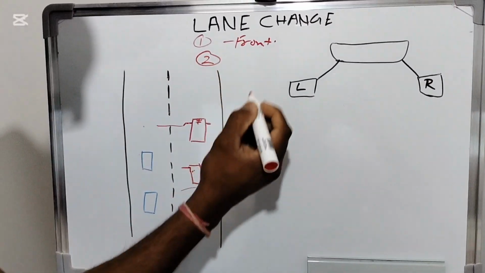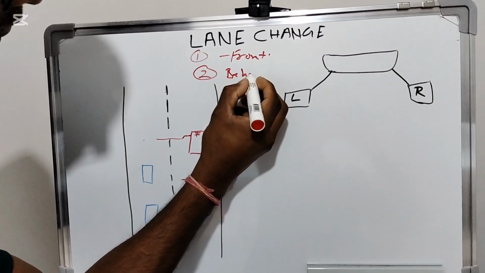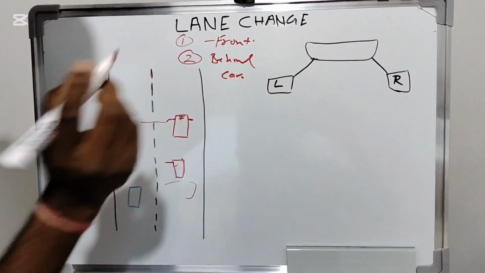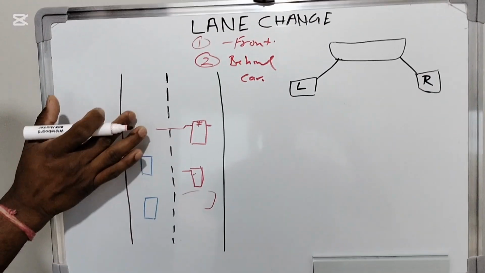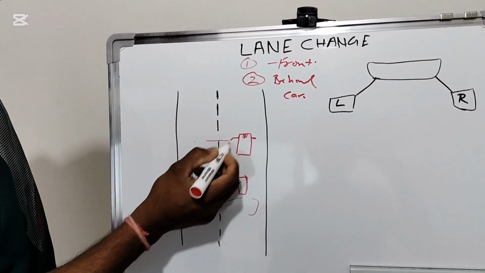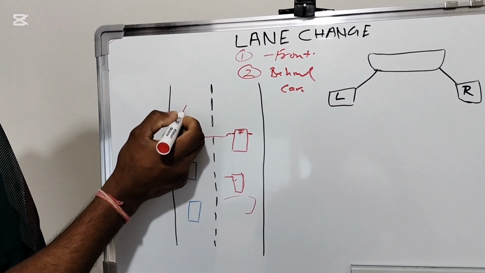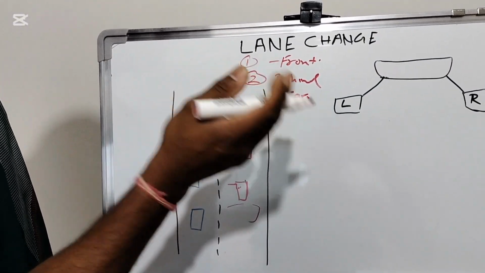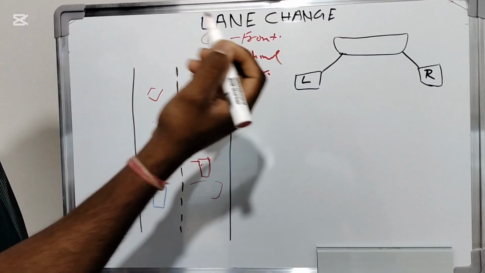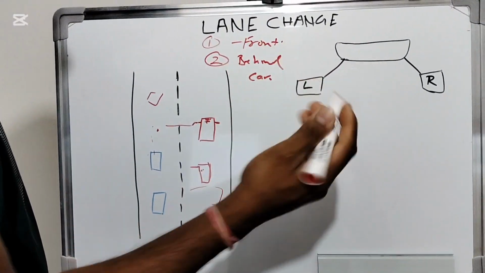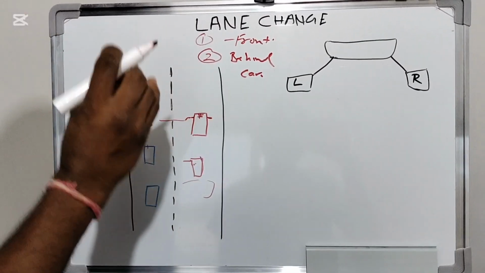Number 2 option, behind the car. What does that mean? If they don't want to give you way, let them go. Now you have the second option: when the car has passed you, you can come behind the car. So the easy option is in front, otherwise the second option is to come behind the car. So these are the things.